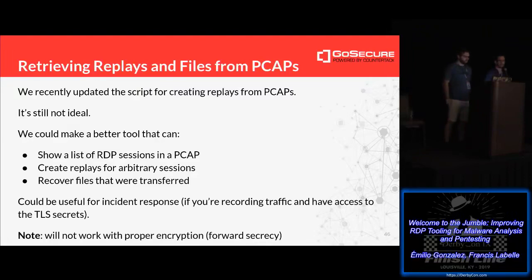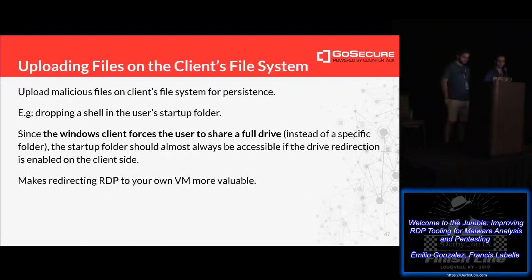And we thought that could be useful for incident response if you're recording the traffic and have access to the TLS secrets. Obviously, that won't work if you use proper encryption. So use encryption with the perfect forward secrecy property, and that makes it so the private key is not enough to decrypt the connection.